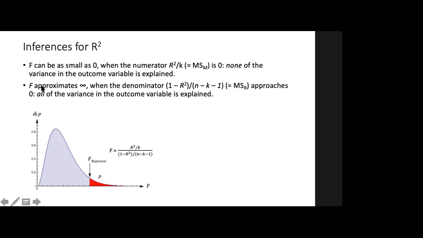And F approaches positive infinity if our denominator, the residual mean squares, approaches 0. In this case, all of the variance in the outcome variable is explained by the model.